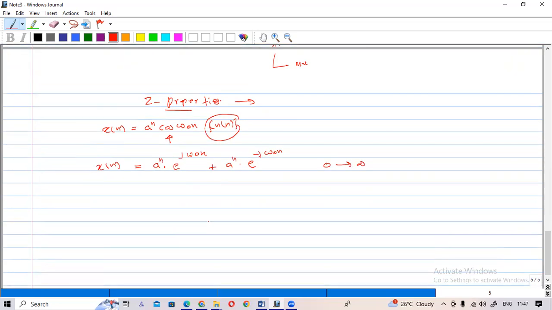So then I will write the u[n] also here, and maybe it will be easy. So now x[n] is a^n e^(j omega naught n) u[n] plus a^n e^(-j omega naught n) u[n].